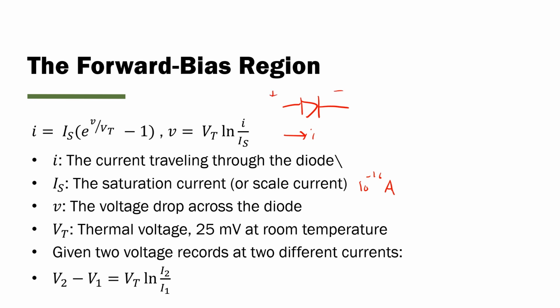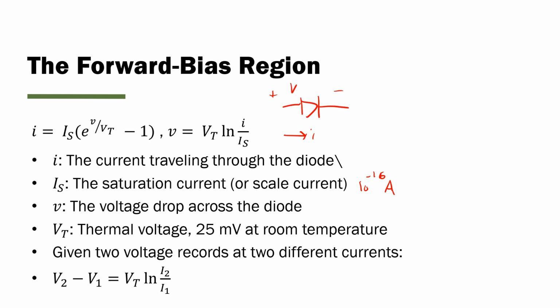Now V is the voltage across the diode. Now in the ideal diode model, V would always equal 0. But what you're going to find out is that usually V will actually be closer to a 0.7 volt drop in the real world. And we'll get to that concept shortly. Now V sub T just stands for the thermal voltage. It's a semiconductor property and it usually equals 25 millivolts at room temperature.